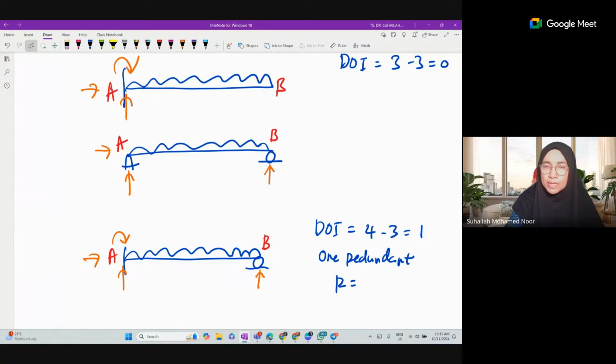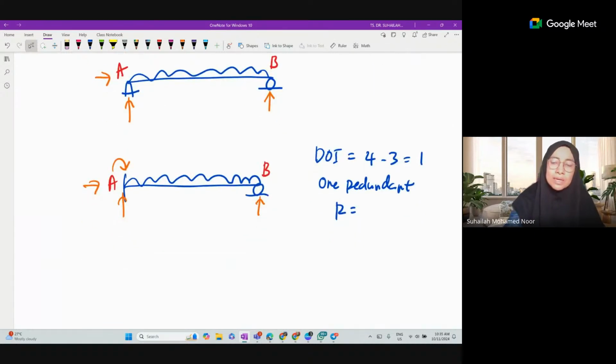For example, if we want to have a cantilever beam, the one that we should remove is BY. So after removing BY, removing the roller, it becomes a cantilever beam.